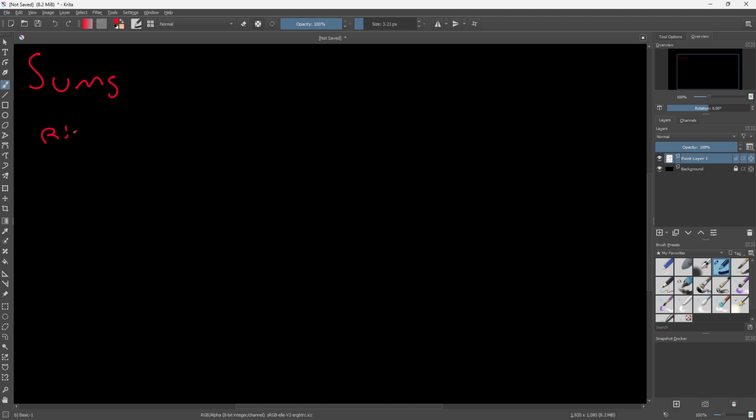Right hand sums. And these are rectangles. So let's make a table, right? Maybe one, two, here.